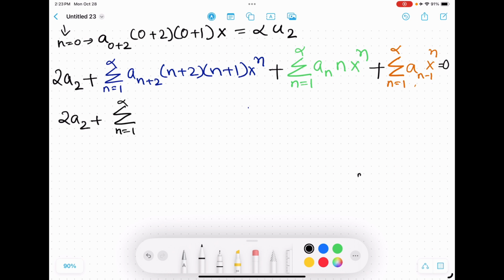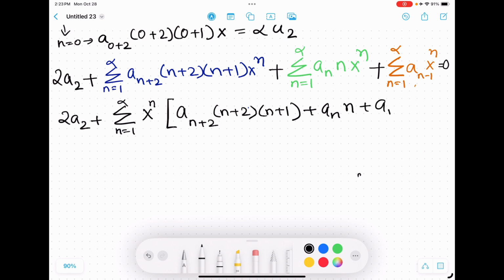We have x to the power n as common, so let's pull that out and then write the leftover terms: plus a sub n plus a sub n minus 1 equals 0. This is how our differential equation looks so far.